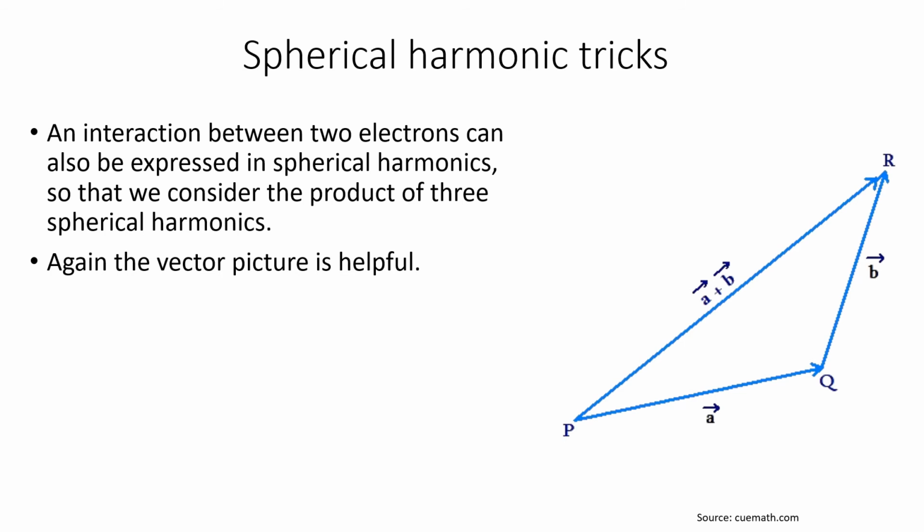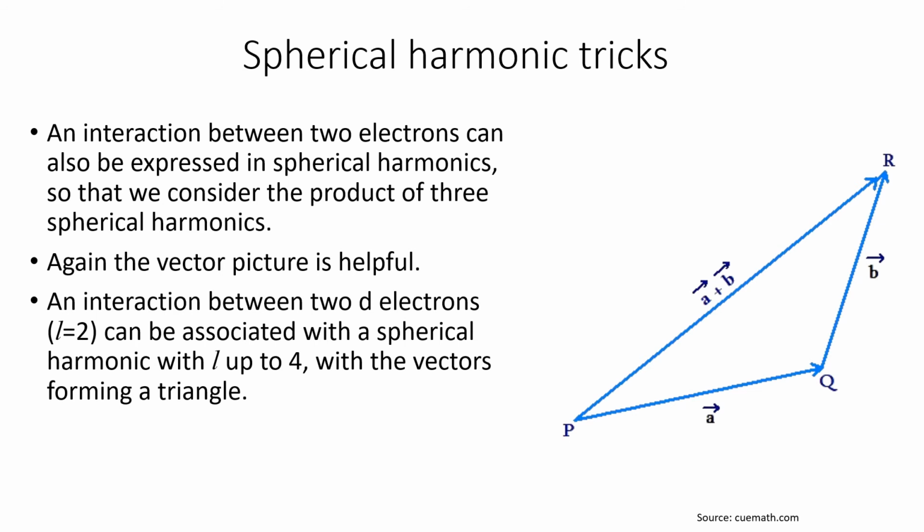For example, with d electrons, we think of the d electron as having the orbital angular momentum L being 2, and this L is the index on the spherical harmonic function. If we're combining two electrons, that's two vectors of length 2, then an interaction between those electrons could be considered as the vector sum of those two L = 2 vectors.